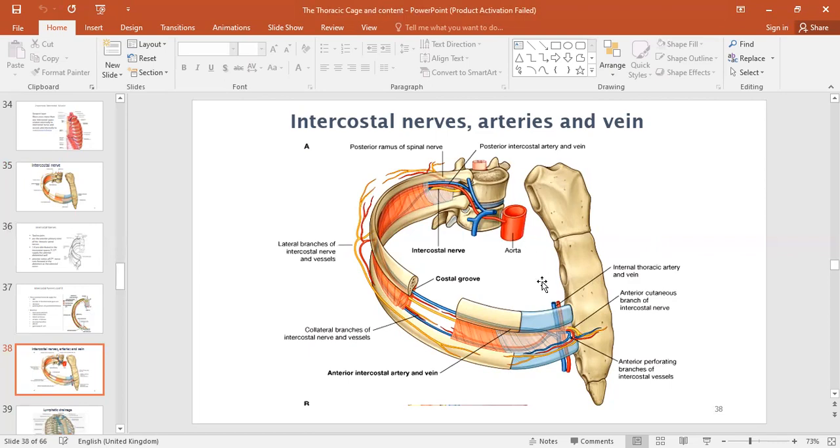Okay. Then the anterior intercostal arteries arise from the internal thoracic artery. So the two branches merge, they form an anastomosis here. You see that this branch is coming from there, from the aorta. This one, the internal thoracic artery, is running beside the sternum.